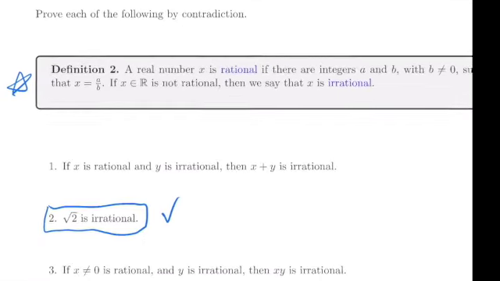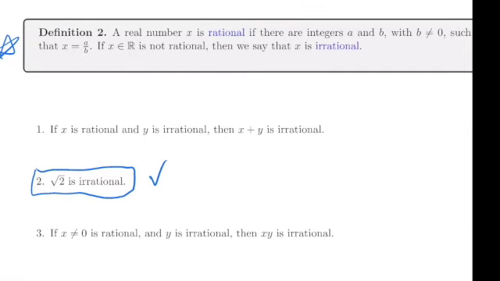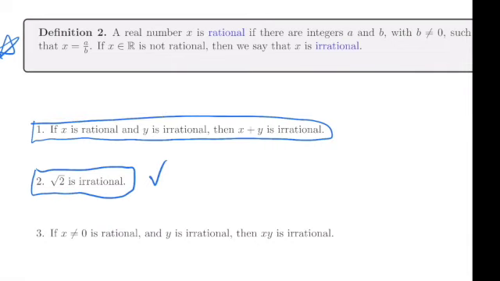So let's stick with the rational and irrational theme. Let's go through the first one over here. And then I think it would be good practice for you to try and do the third one, which is pretty similar to that one. So here we've got a conditional statement.